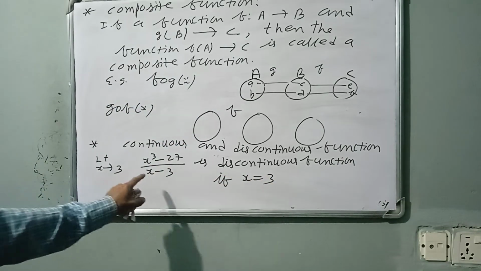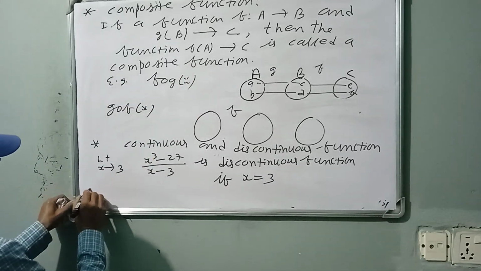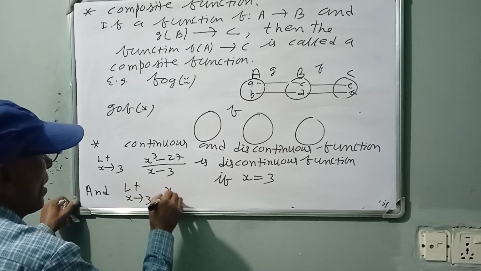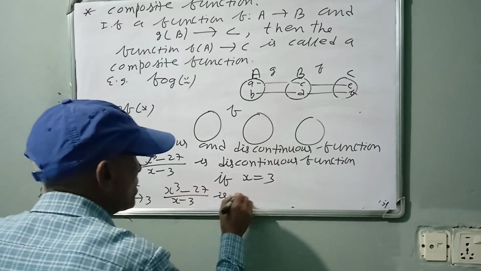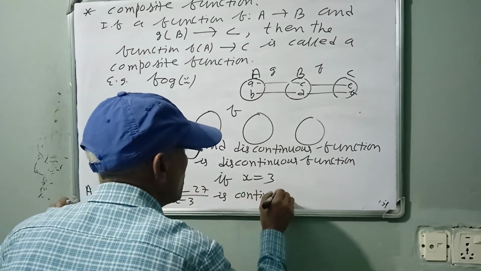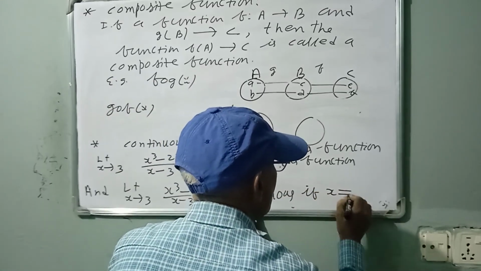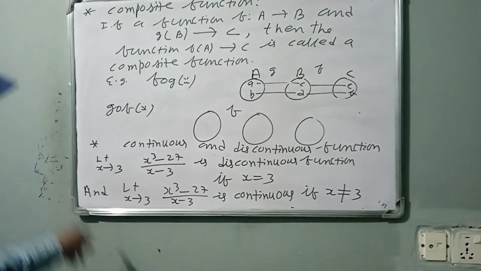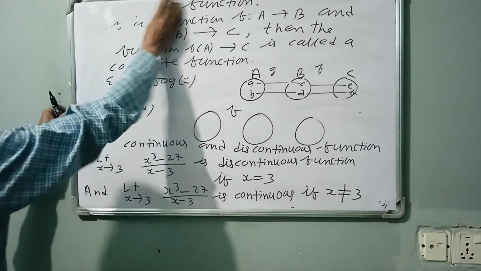If you put x equal to 3, this function is discontinuous. And limit x tends to 3 of (x cube minus 27) by (x minus 3) is continuous if x is not equal to 3. If x is not equal to 3, this function becomes continuous.